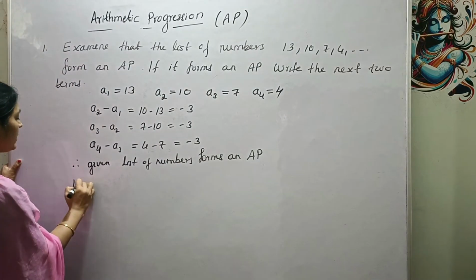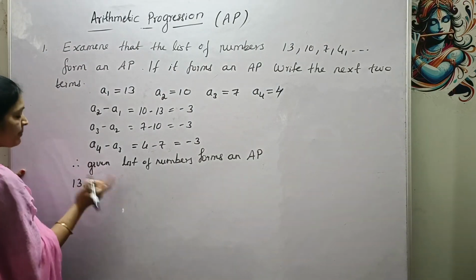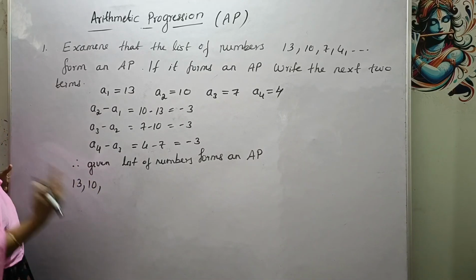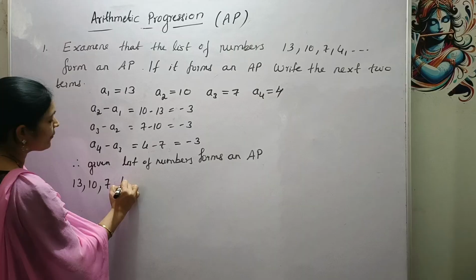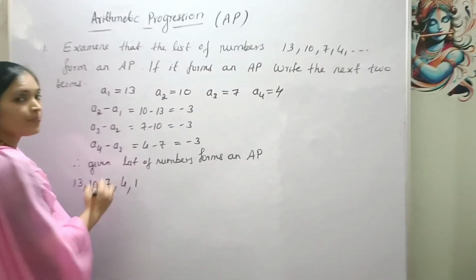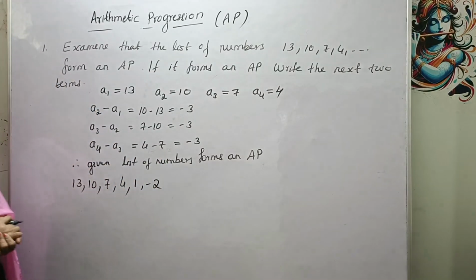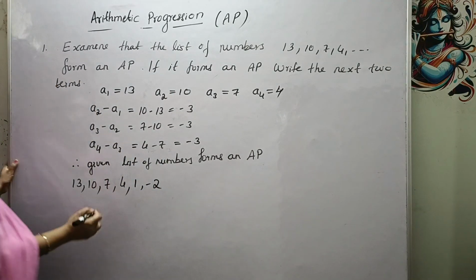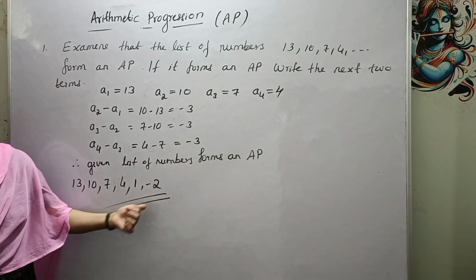First term is 13, then 13 plus minus 3 is 10, 10 plus minus 3 is 7, 7 plus minus 3 is 4, 4 plus minus 3 is 1, 1 plus minus 3 is minus 2. So the next two terms are 1 and minus 2.